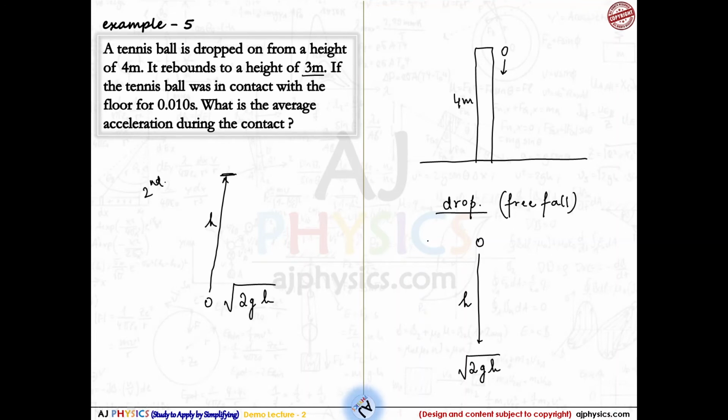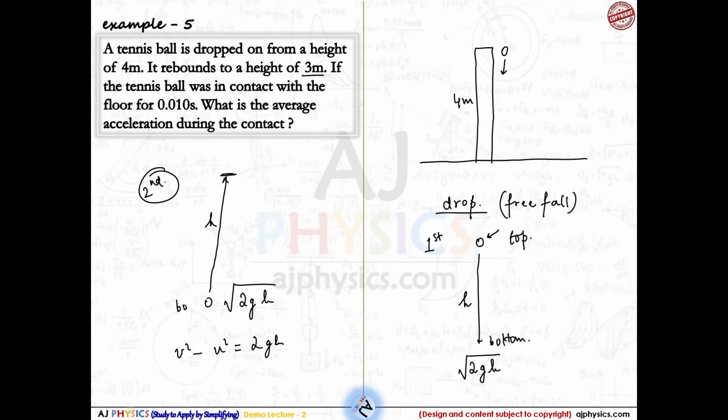This is the first case, this could be the second case. You have to remember this fact. This can easily be derived with the third equation of motion, v square minus u square is equal to 2gh. So if the ball is dropped from the top, the speed at the bottom has to be under root 2gh.